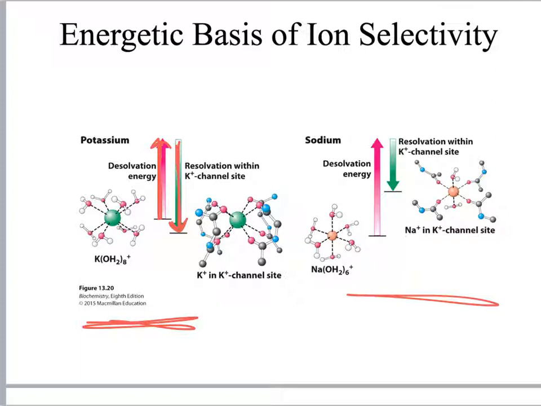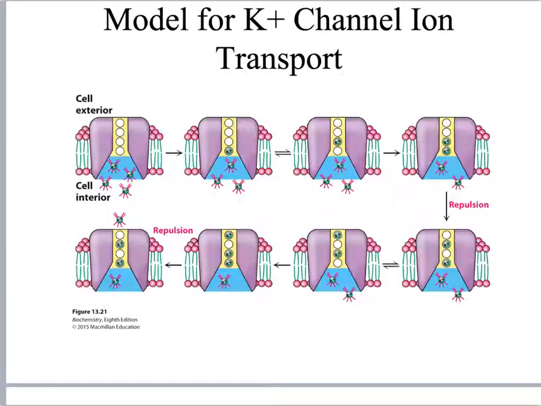If you take a sodium ion and try to put it in the same channel, here's our sodium ion losing its hydration sphere. That's what it costs to lose its hydration sphere. But when that sodium interacts with the potassium channel, it doesn't quite make up for what we've lost. So the sodium would not pass through this channel.